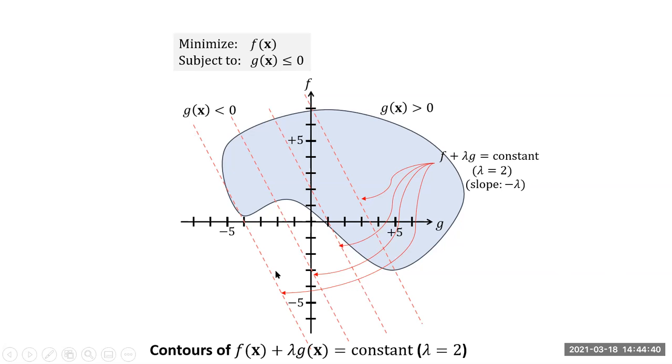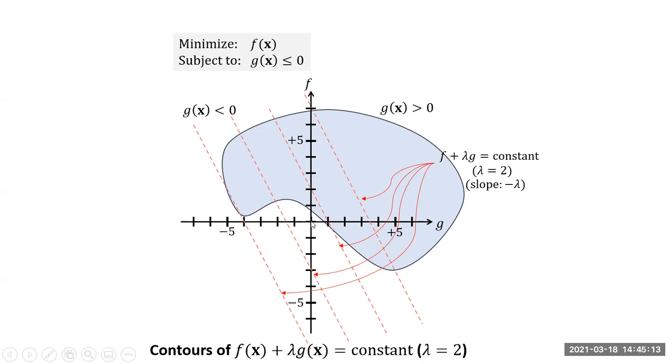These lines have slopes of negative lambda, and so they are of the form f plus lambda g equals constant. Everywhere on this line, f plus lambda g equals some value. For this particular case, lambda equals +2. Negative lambda is -2, so the slopes of these straight lines are -2.